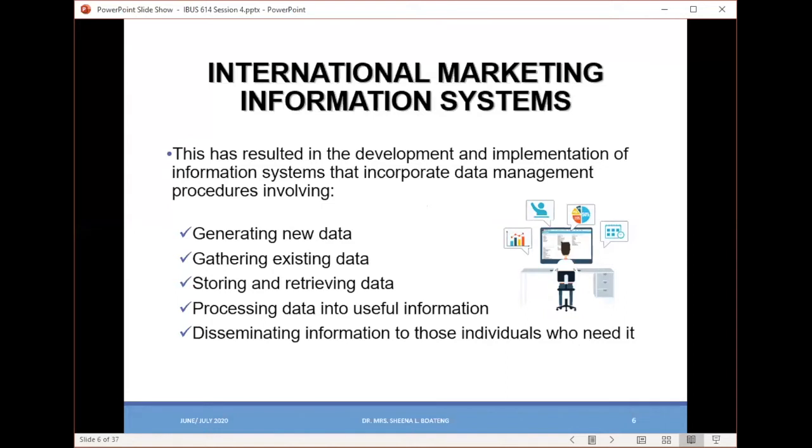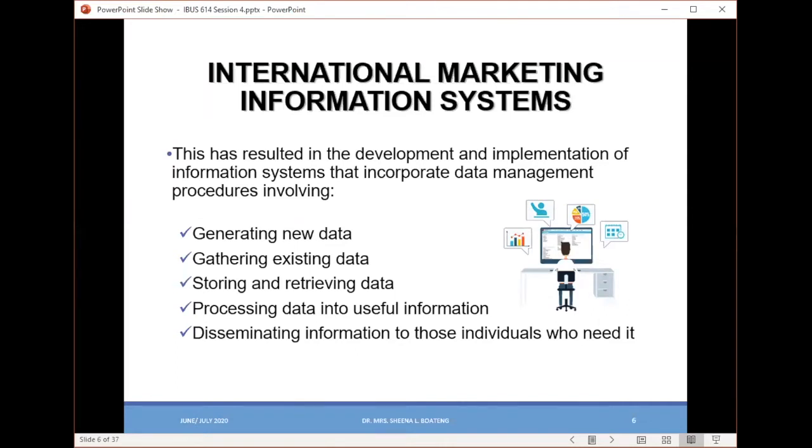And because of that, there has been the development and implementation of what we call the marketing information system. Without putting in place a system consciously to ensure that you get all these relevant pieces of information in an appropriate manner and in a timely manner, you will not be able to utilize it in your decision making.